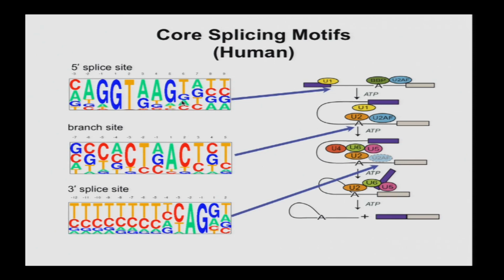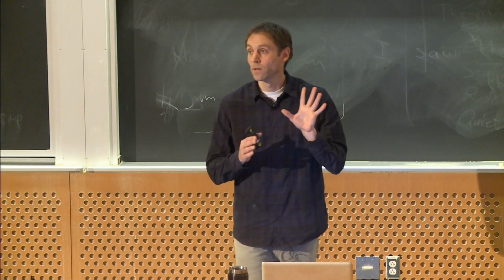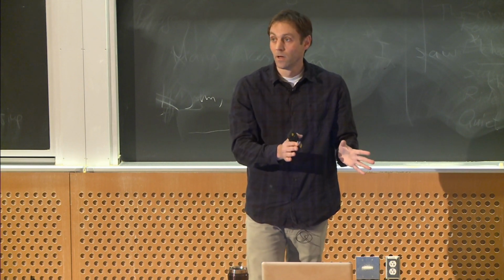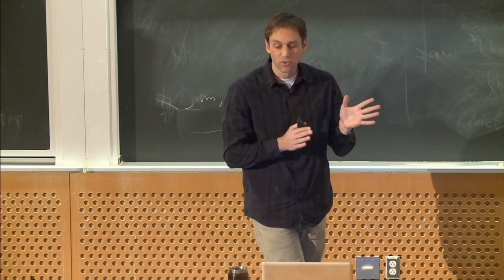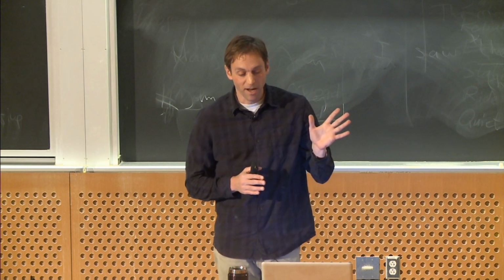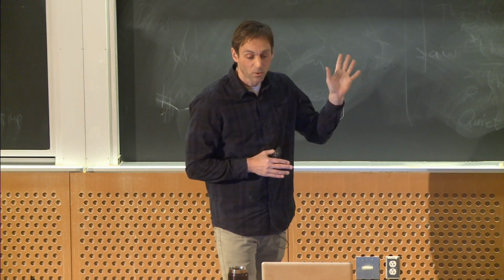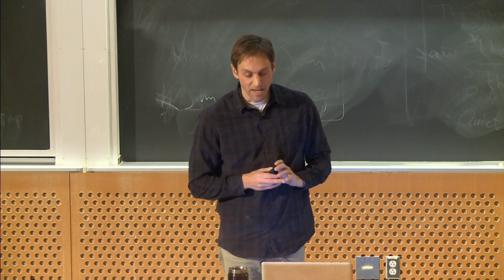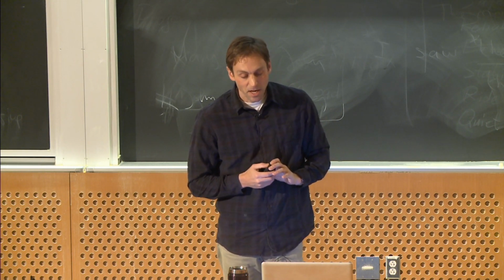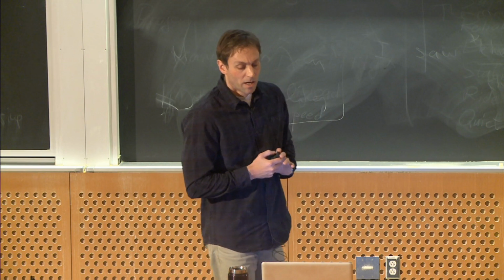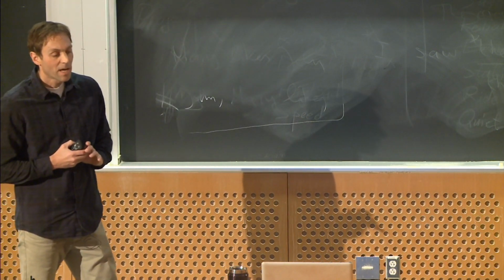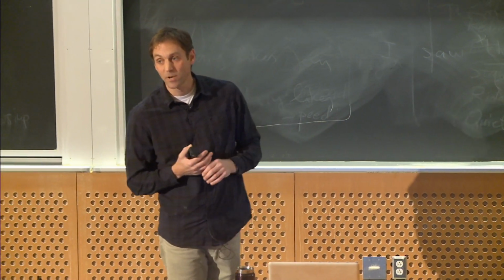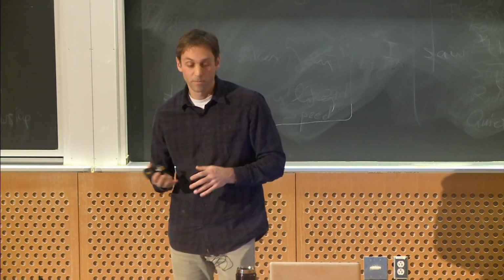And that is what you see when you look at a whole bunch of 5' ends of mammalian introns. They have this motif. Some will have better matches or worse to this particular pattern, and that's the average pattern that you see. And it turns out that in this case, the recognition of that site is not by a protein per se, but by a ribonucleoprotein complex.